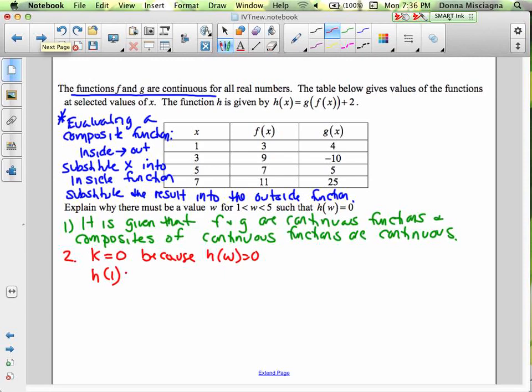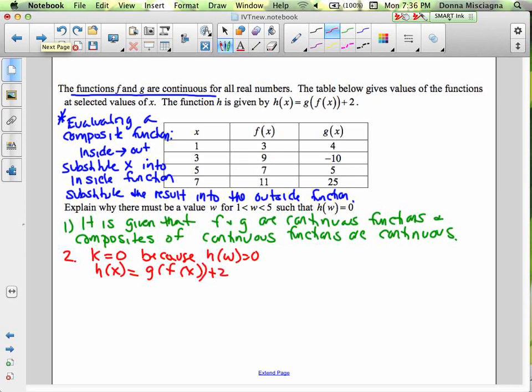To find h of 1, we're going to need g of f of x. Let me write it down here so I don't have to keep looking up above. So h of x is g of f of x plus 2. I'm missing a parenthesis there.